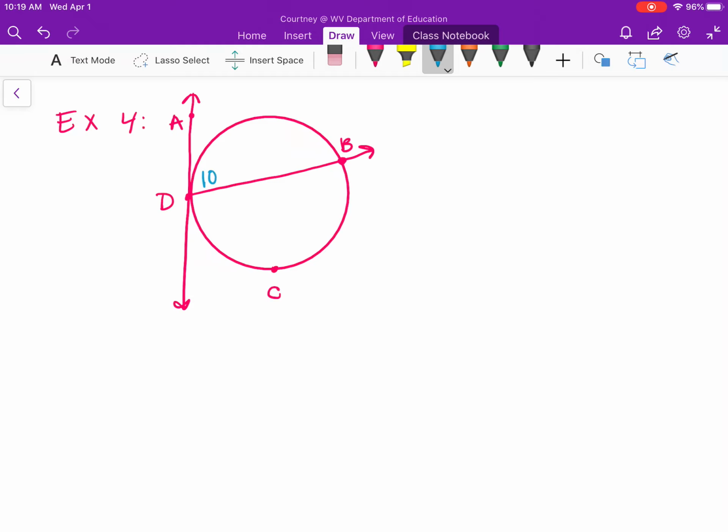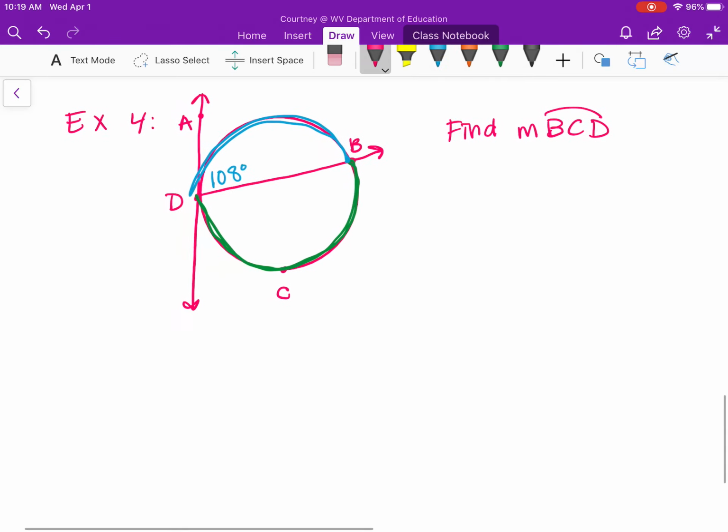All right, this angle right here is 108 degrees. And it's asking us to find the measure of BCD. So I'm going to take my green BCD. That is the major arc here. So what will we do? Well, we can find this arc first and then subtract from 360.